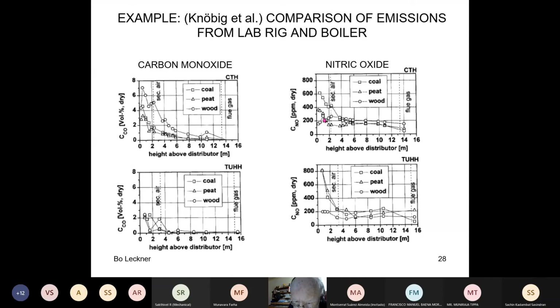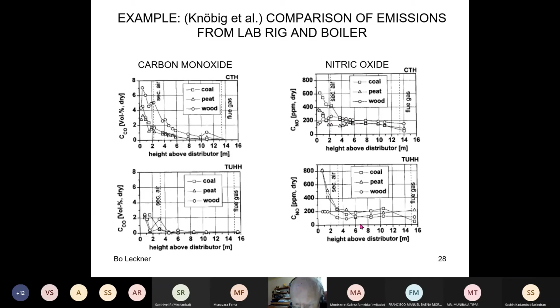So here we have very little reduction, but still we have an emission which is about the same as in the coal case. But you see, the coal is, although it is potentially worse, it is better because it produces char, and the char loading in the case of coal is higher than in the case of biofuels.